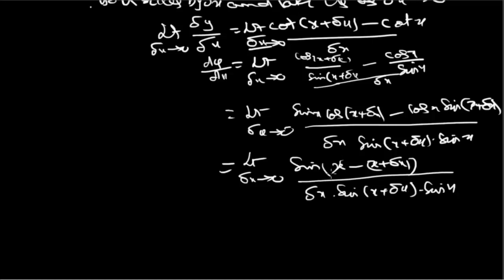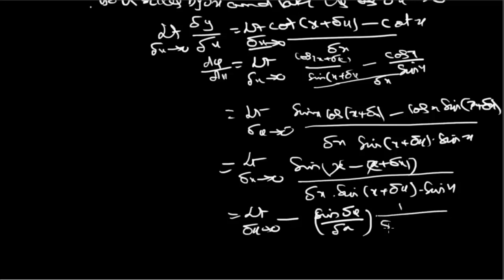Now here x and minus x cancel, minus delta x is there. Sin of minus delta x is what? Minus sin delta x. So limit delta x tending to 0, minus sin delta x by delta x.